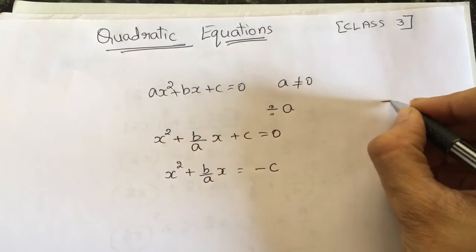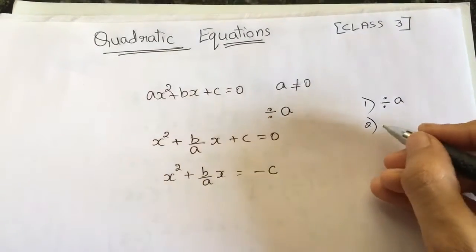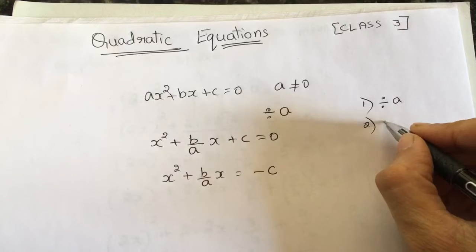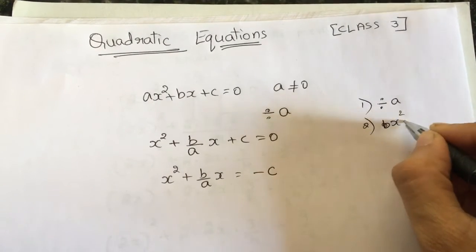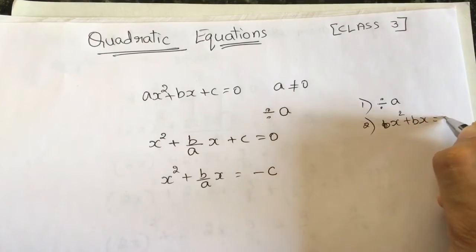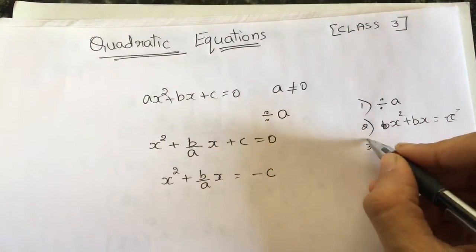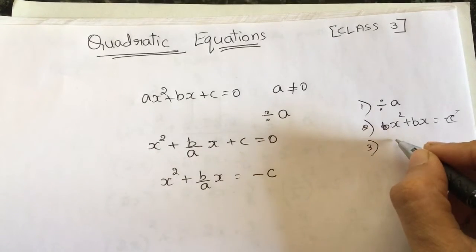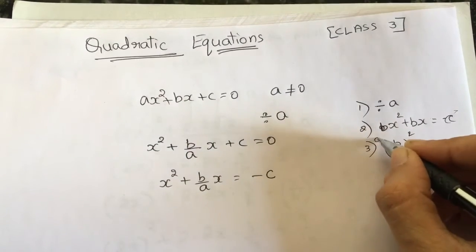So the first step is to divide by a, and the second step is writing the equation in the form x square plus bx equal to minus c, and then we have to add b by 2 whole square to both sides.